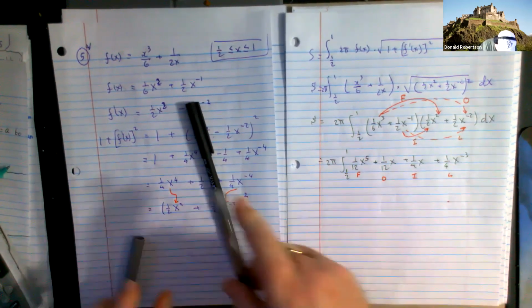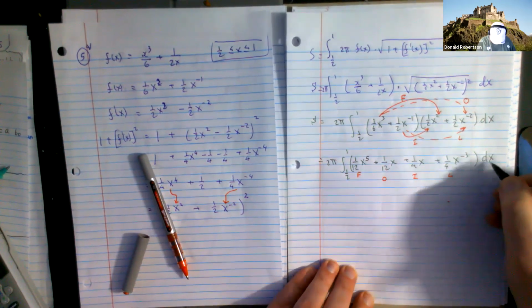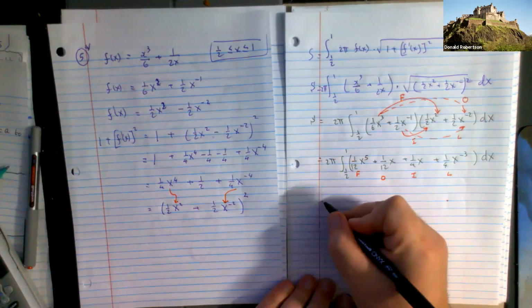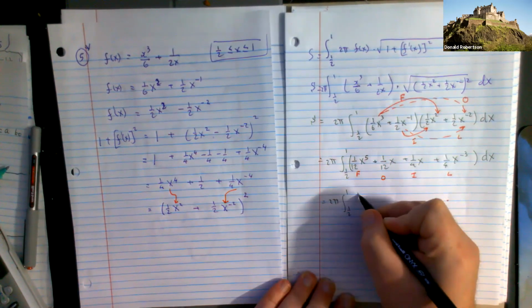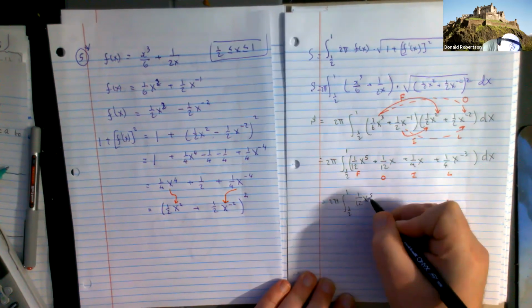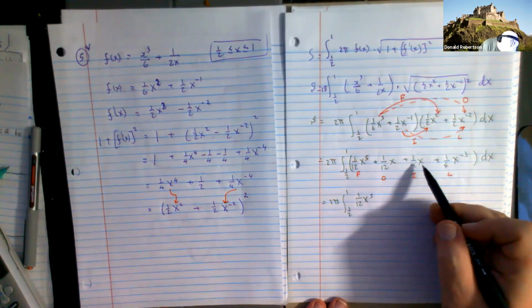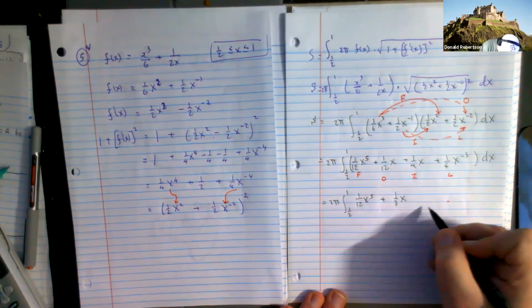And we have just done a really messy FOIL. I should tidy it up as best I can. So I have this. I have 1/12 of x and 1/4 of x, which adds together eventually to 1/3 of x.